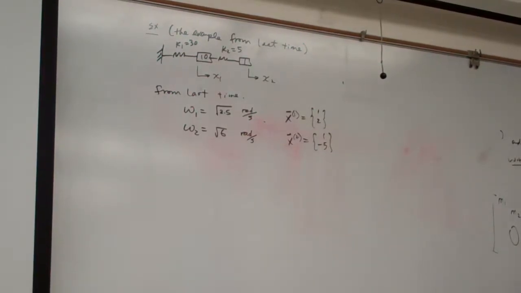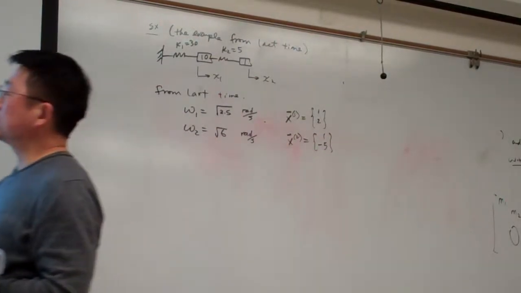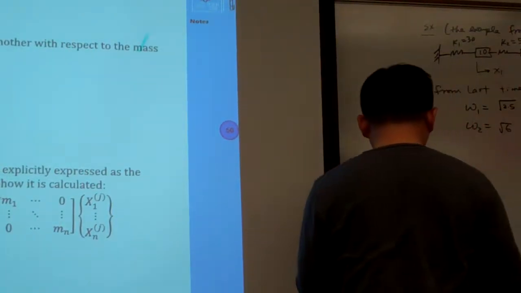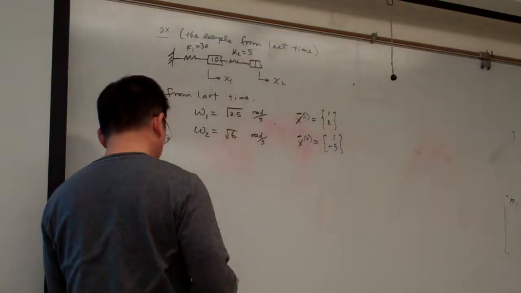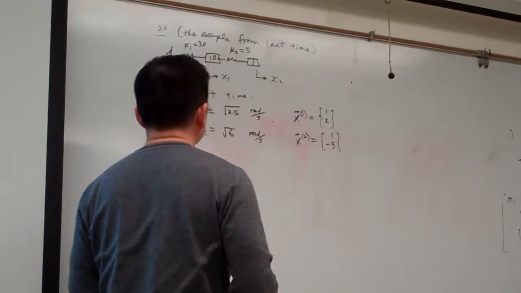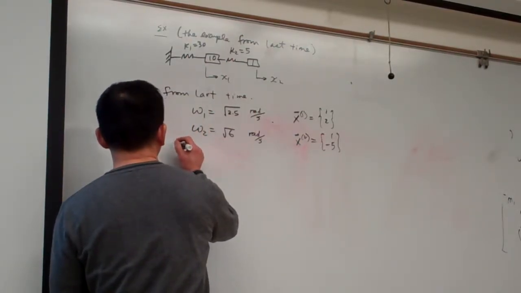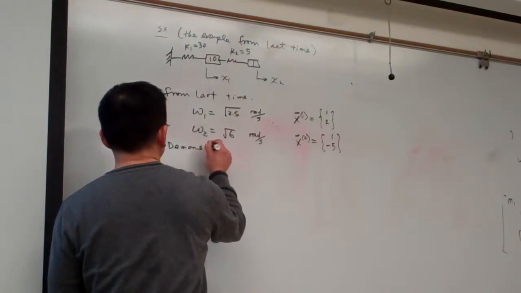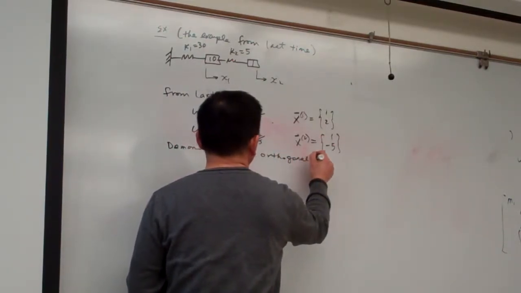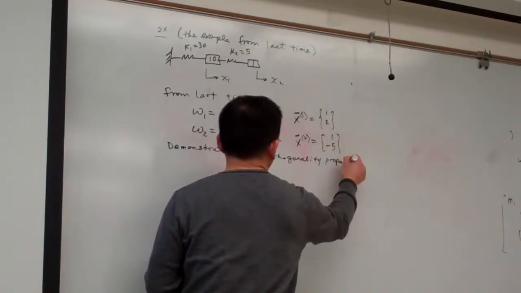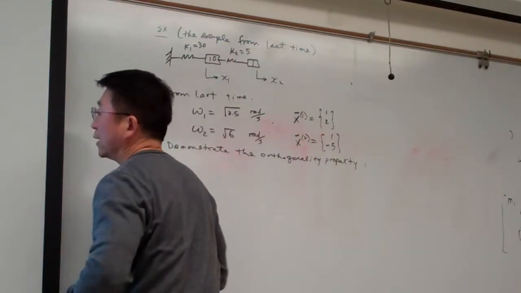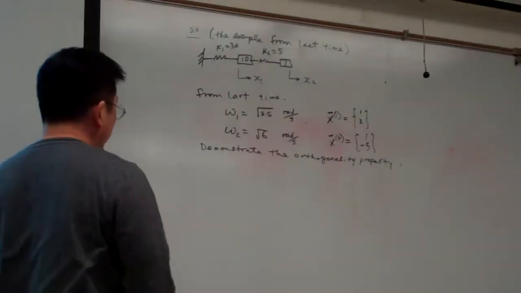Let me demonstrate each of the equations here using the numbers. For the first one, we pick i equal to 1, j equal to 2.